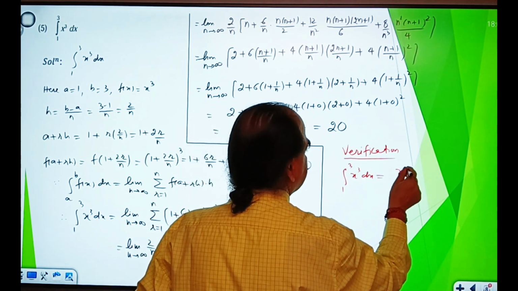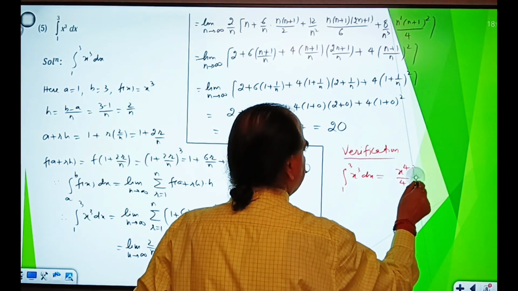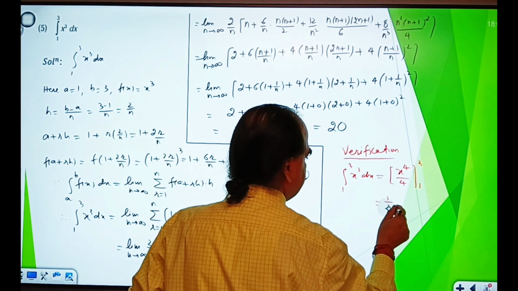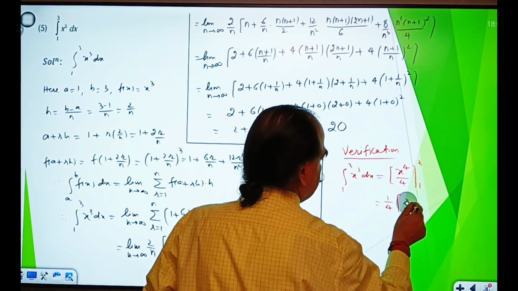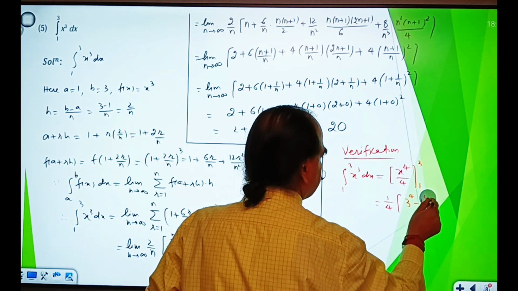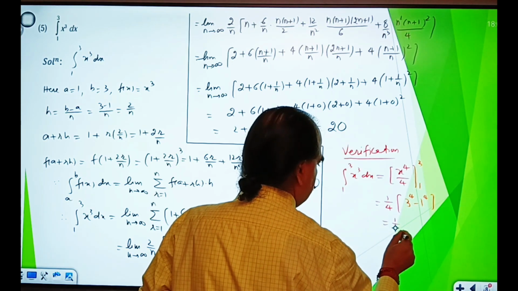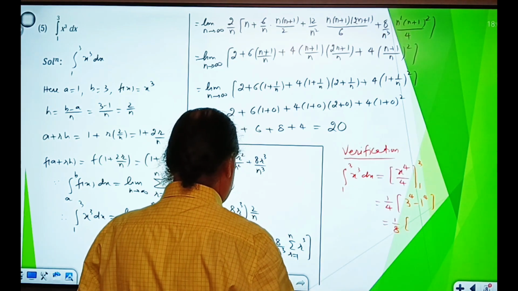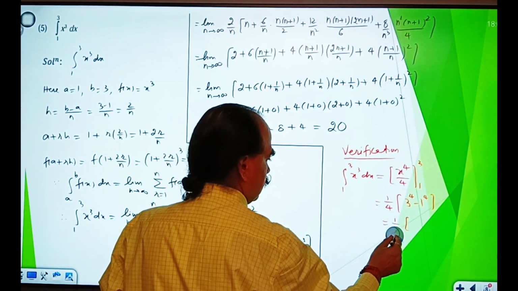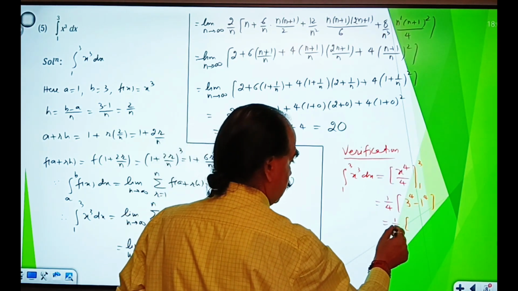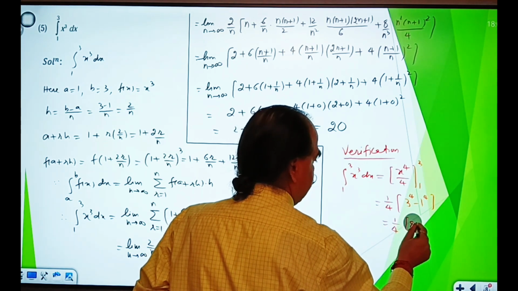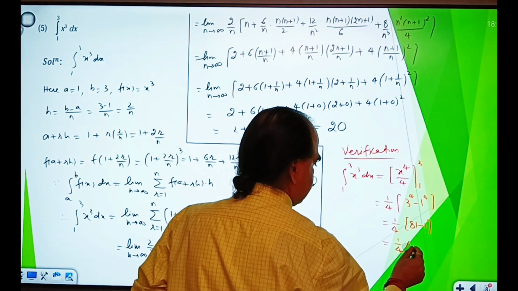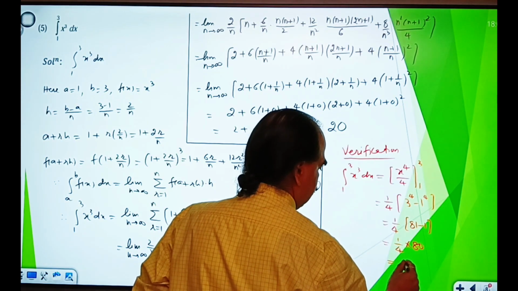Integration of x cube is what? x raised to 4 upon 4, between 1 to 3. 1 by 4 you take outside, bracket 3 raised to 4 minus 1 raised to 4. 1 by 4, 81 minus 1. 1 by 4 into 80 will give you 20.